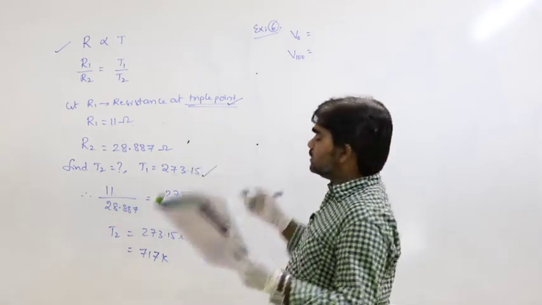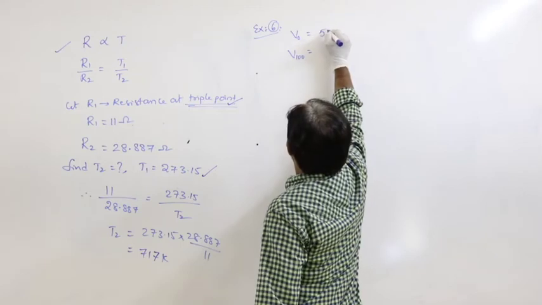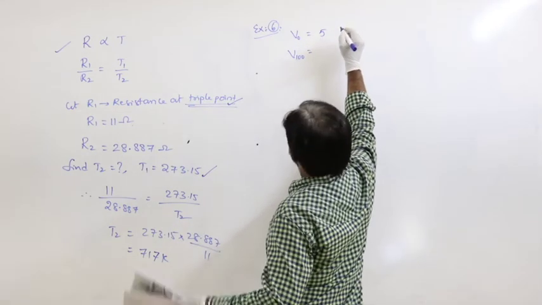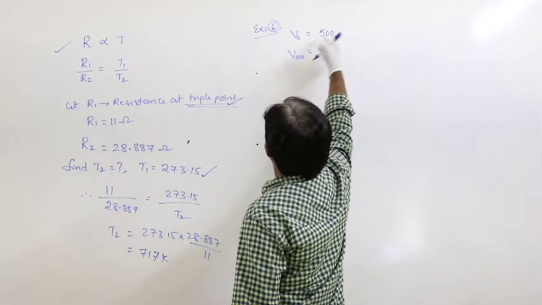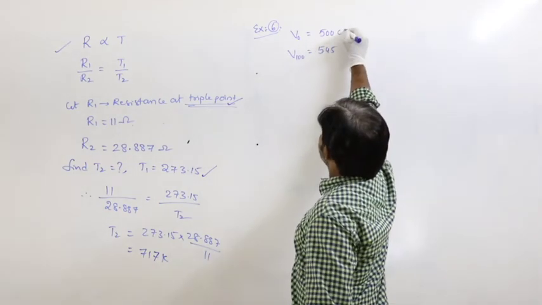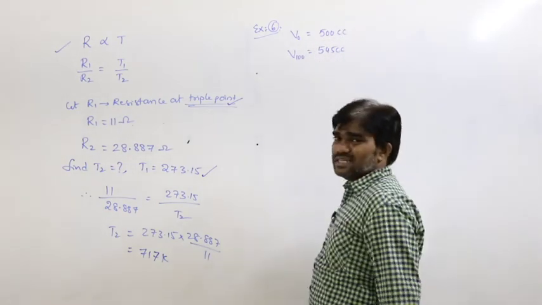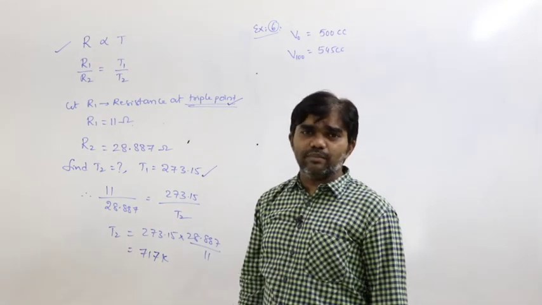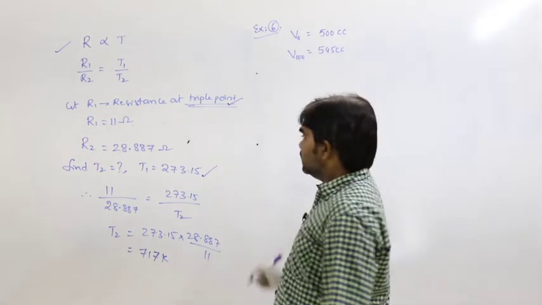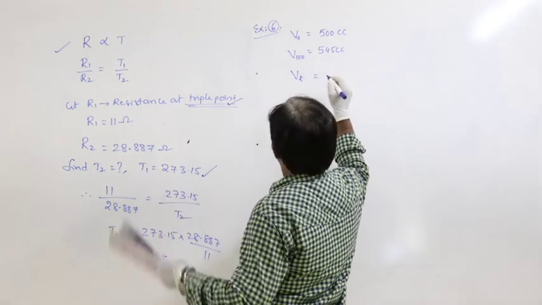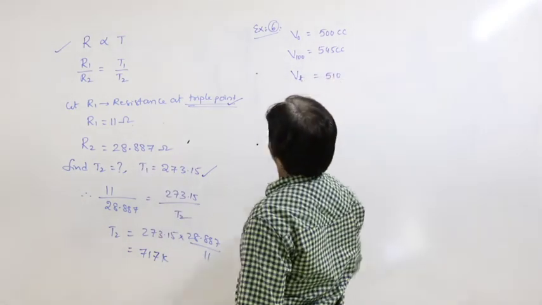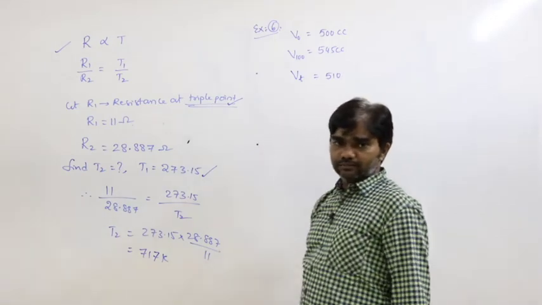So V0 is 500 and V100 is 545. Ice point is 500 cc and steam point is 545 cc. Cc means cubic centimeters, the unit of volume. And at room temperature, its volume is given as 510.